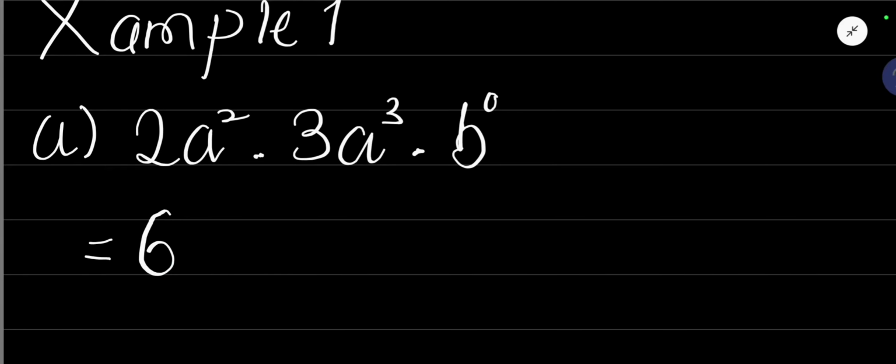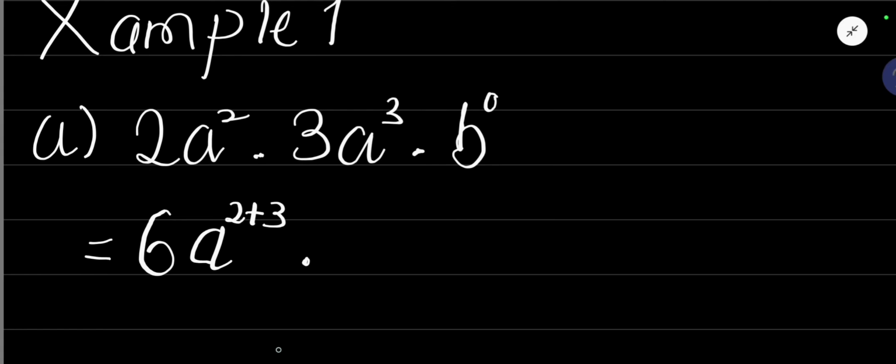Then you notice that you have a squared times a cubed. Here you are multiplying the powers of the same base, so we said that whenever you multiply the powers of the same base, just take one base to represent those two bases and add the exponents, 2 plus 3, like that.